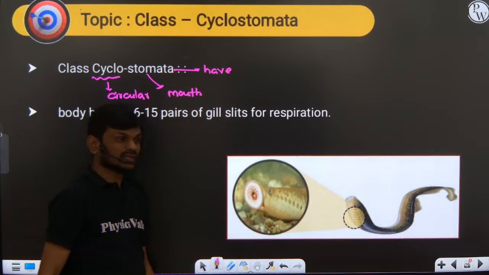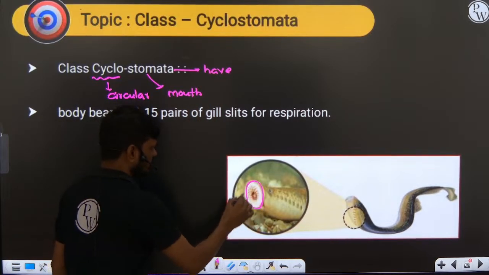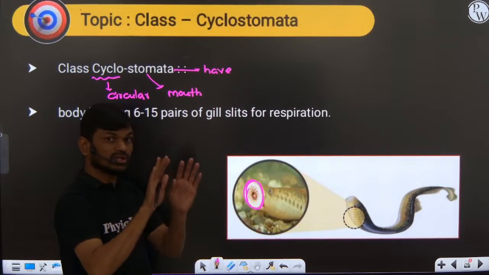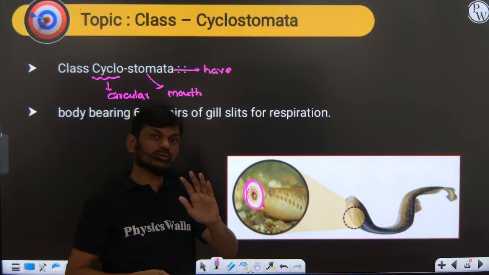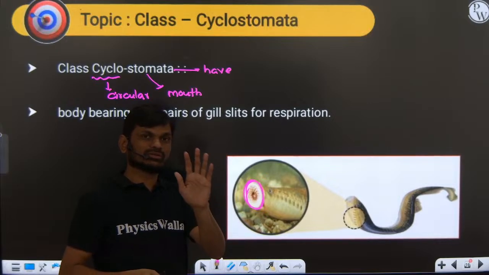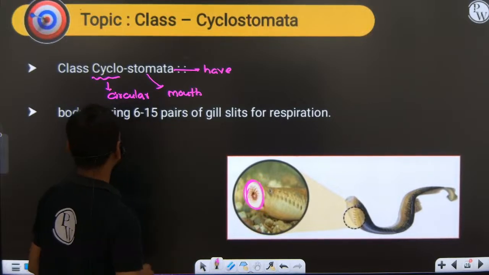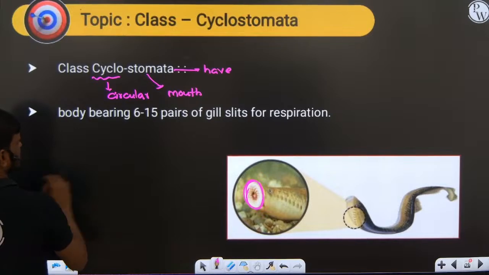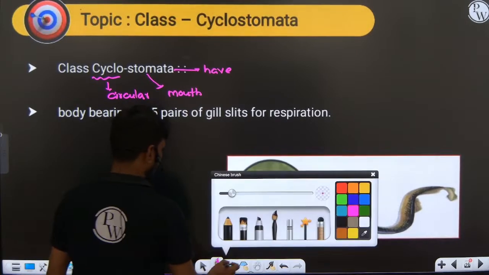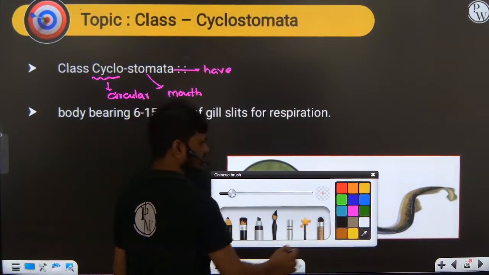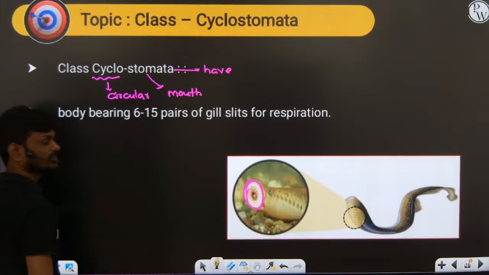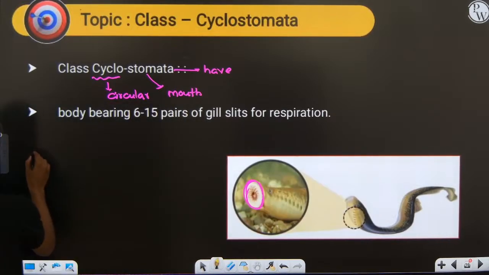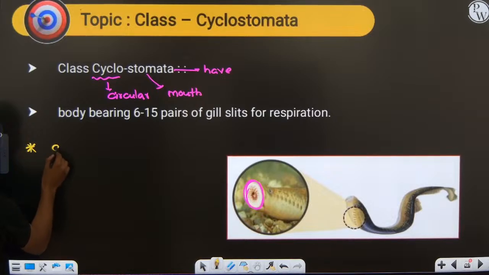So in these animals a circular mouth is present, but there is no jaw. There is no upper jaw and no lower jaw. The mouth is without jaws, right? This is a very important point. Note it down.